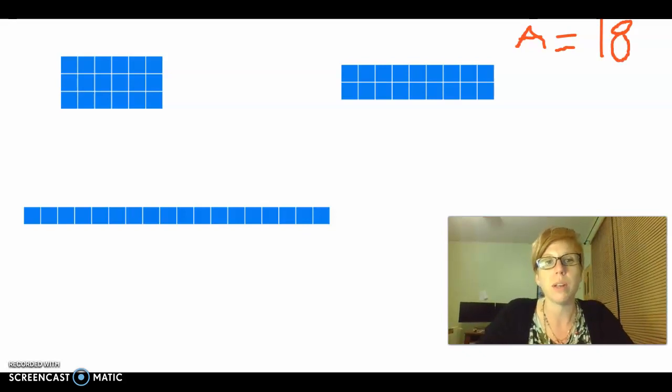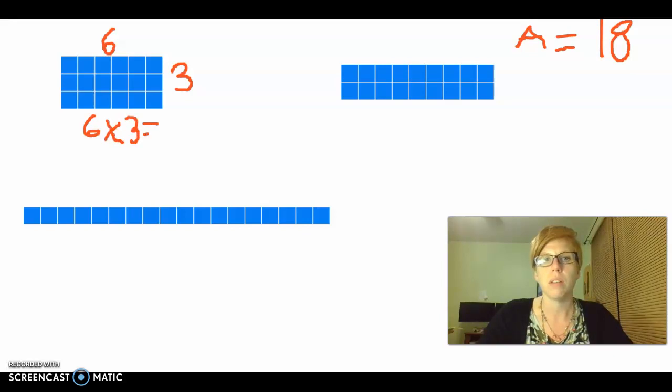Well, let's look at this first one. You could have created a shape with 6 wide and 3 tall. And we know that this will work because 6 times 3 equals 18. We've made a 6 by 3 array.